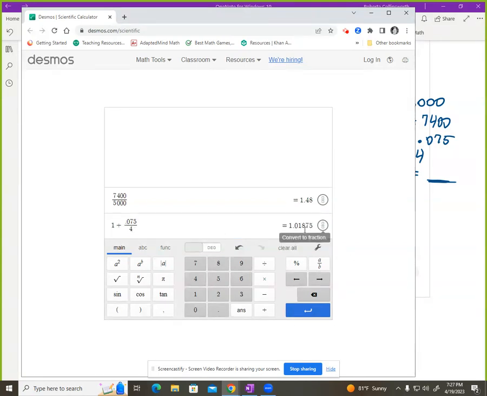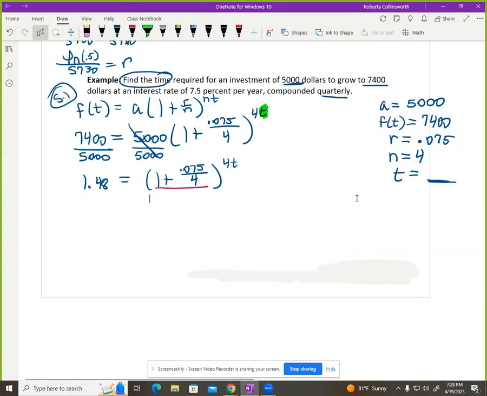I'm going to leave it as this decimal. If you get this little fraction thing over here to the side, that means that this is not a repeating decimal or a decimal that goes on forever. So I'm going to write this part in place of my parentheses.